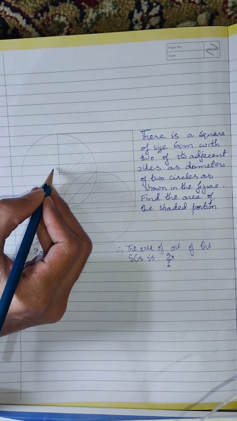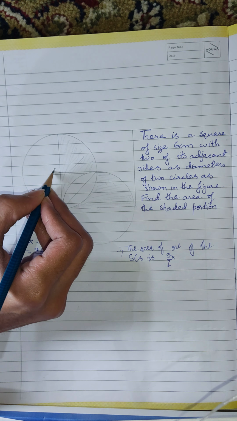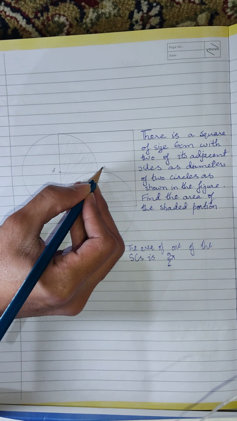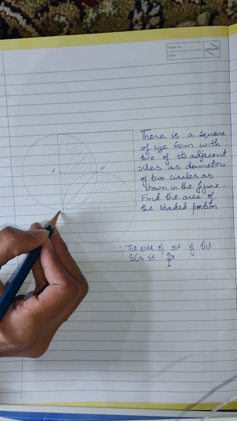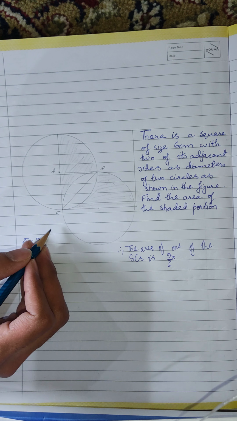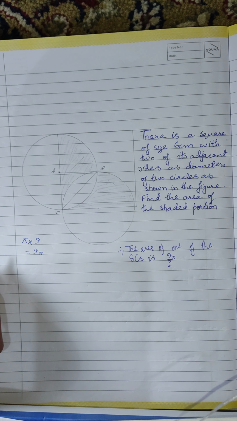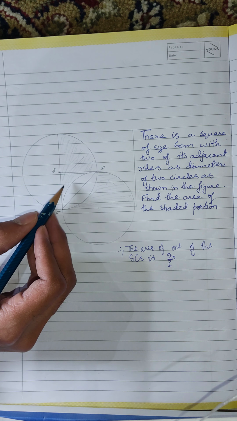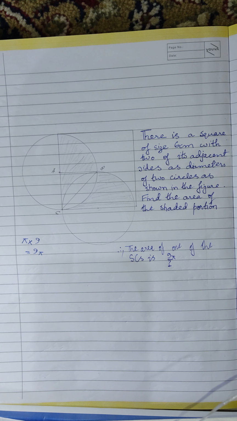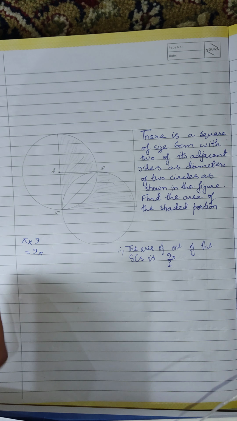Let us name this point A and this point B, and let us name this point C, right? So now we'll find the area of this triangle ABC. The area of this triangle is half of base into height.